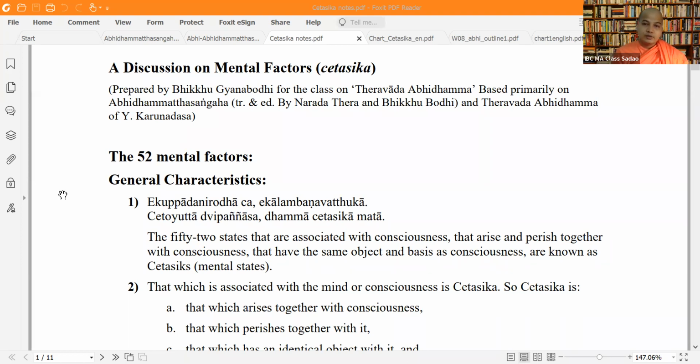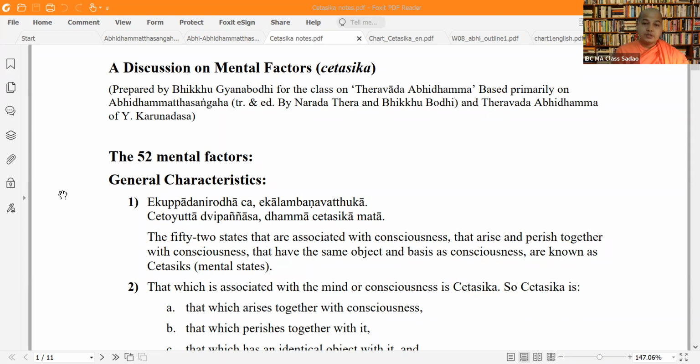So there are 89 types of Chittas. When each of these different Chitta arise in the Jnana Santati, in the stream of consciousness, this Chitta always arises together with Cetasikas, right?